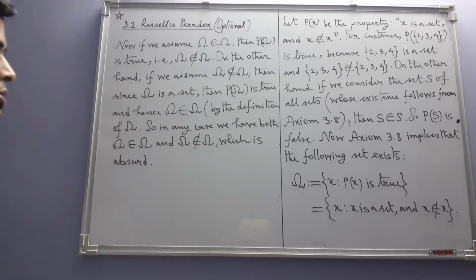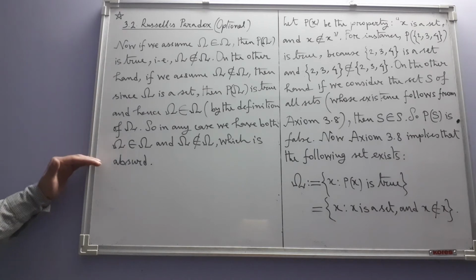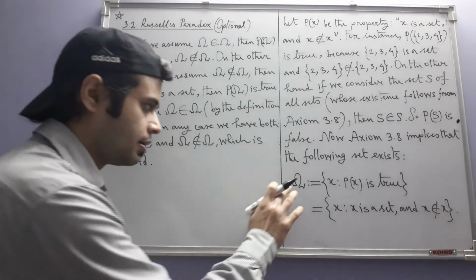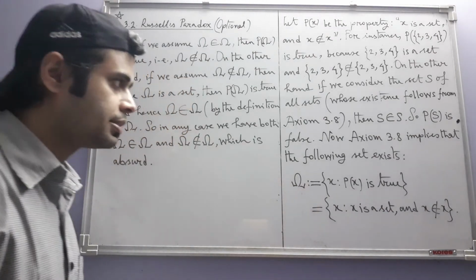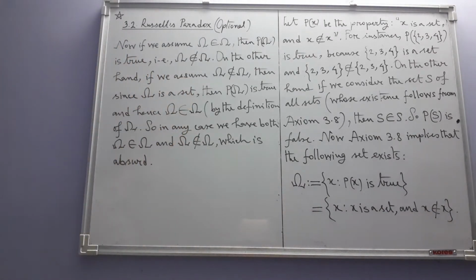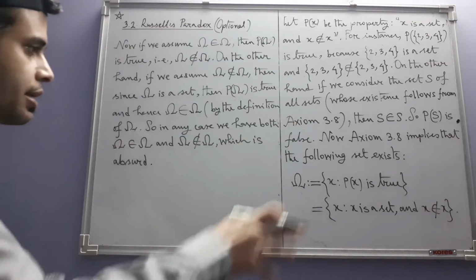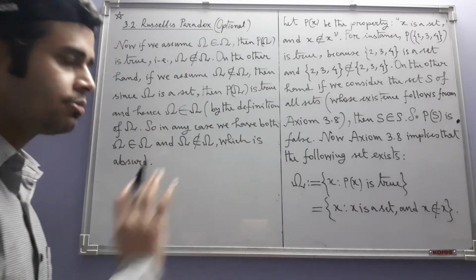This is the paradox, and you cannot find a mistake in this argument. The only thing where things are somewhat doubtful is the Axiom 3.8 itself, because all of this has come out as a consequence of that axiom.